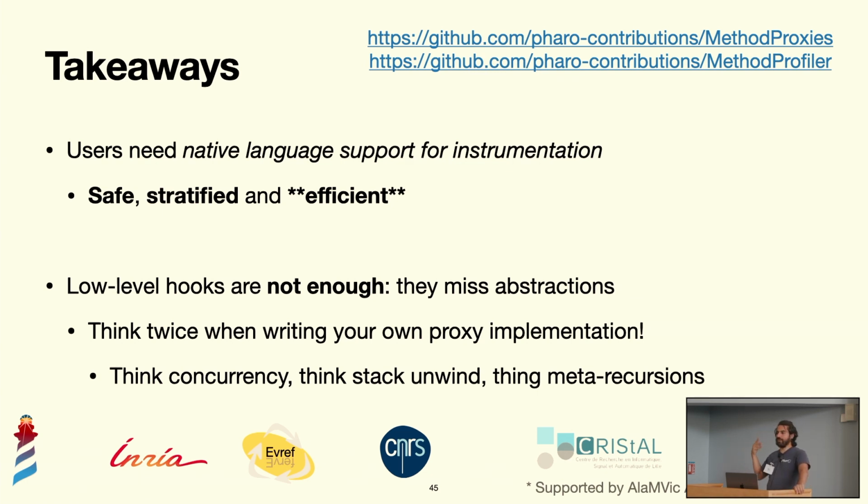And when I talk to myself, I say, okay, we have this mechanism, and it's only useful to do simple stuff like collecting coverage. So I keep asking myself, is it worth having this mechanism if it is not efficient and not practical? So maybe we need to go full metalinks at some point. Metalinks are in some way just a generalization of method wrappers that you can wrap around every AST construct, with more granularity. But the efficiency problem is there the same.